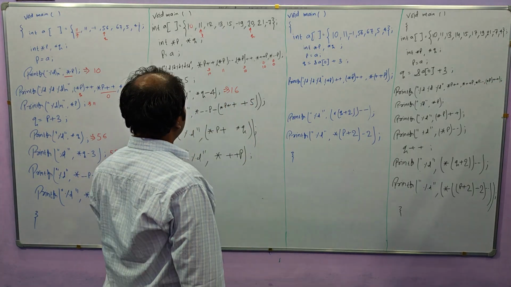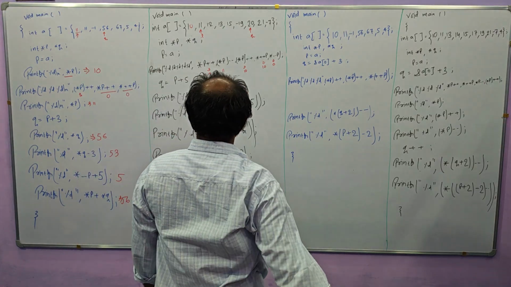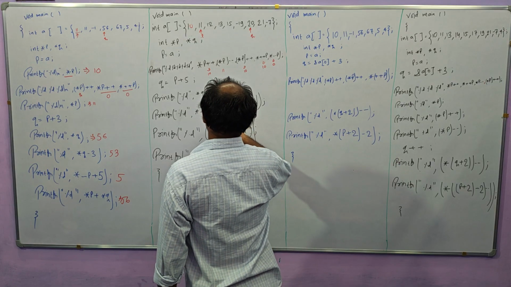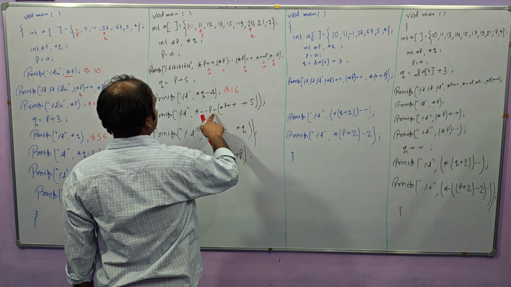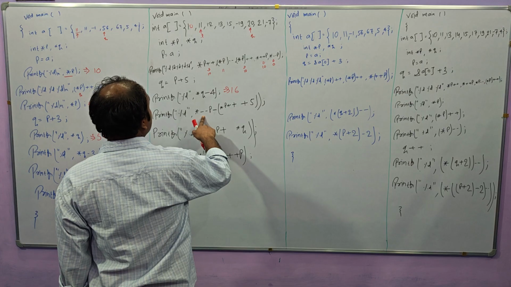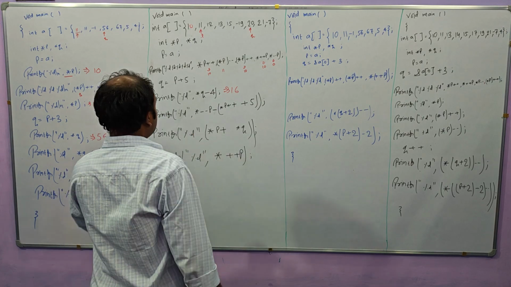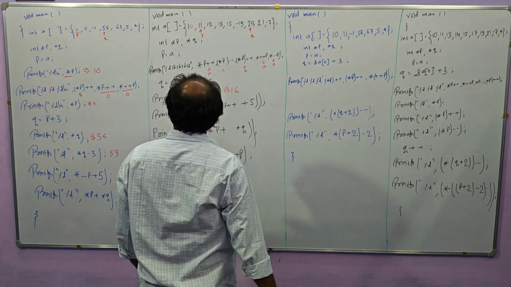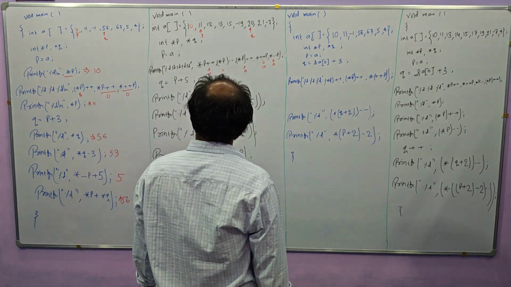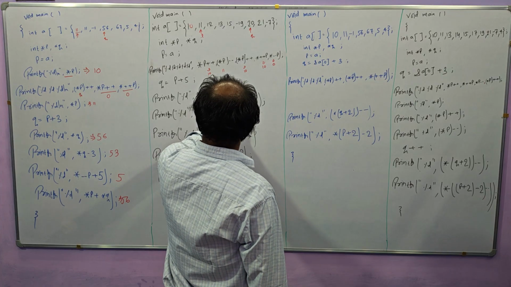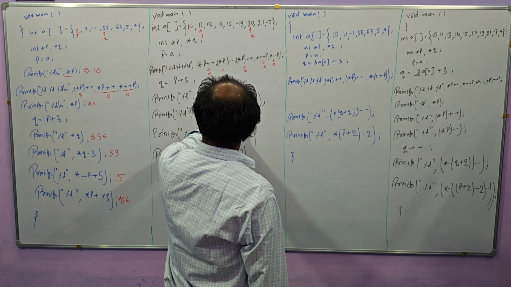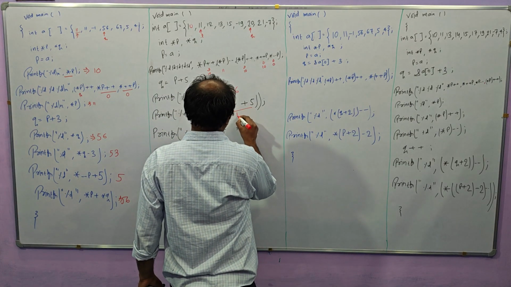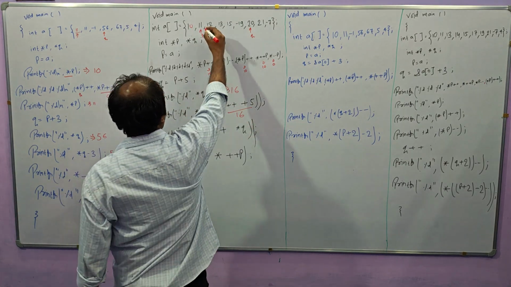And now p becomes 16, pointing to 11 minus minus. 16 pointing to 12. It gives 16 and points to p.